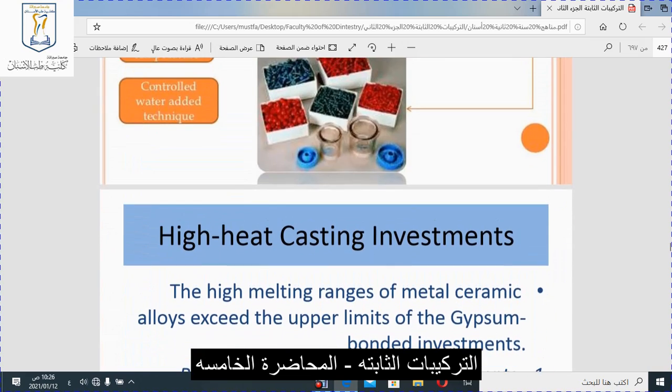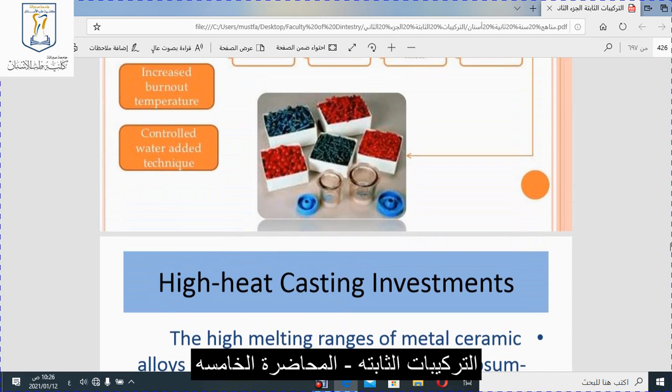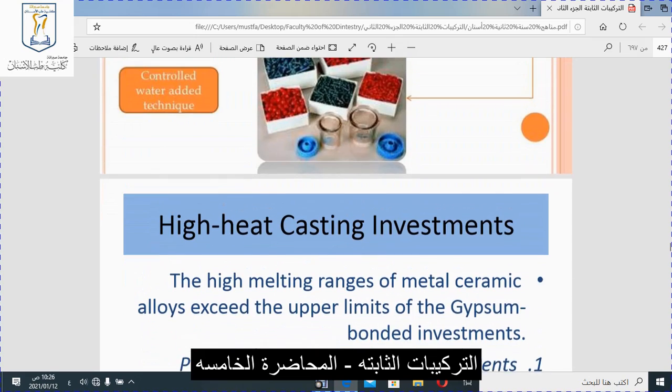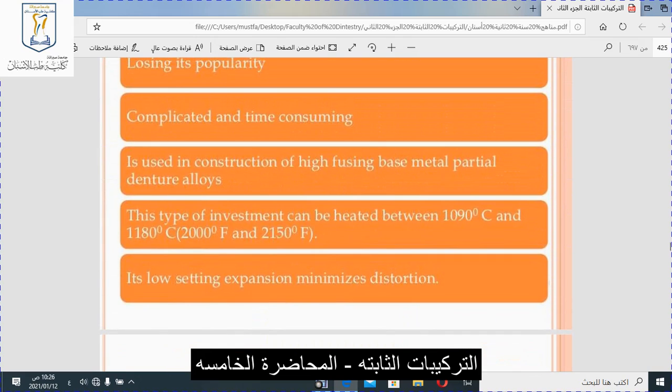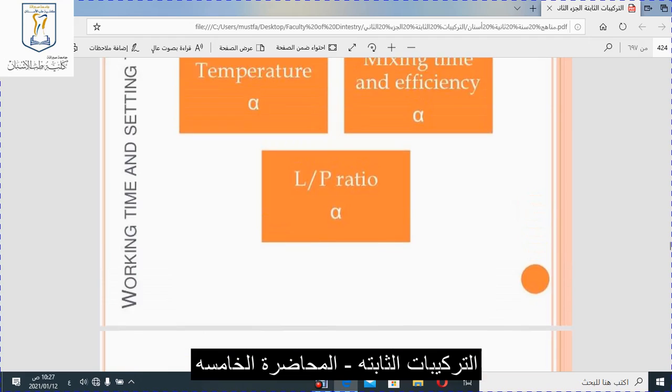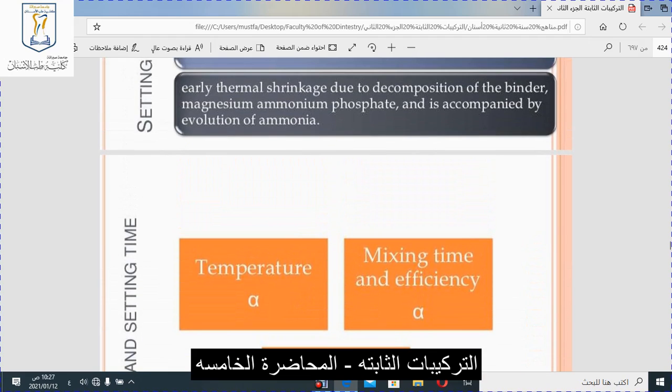Now in the case of casting, in the case of investing, we have to make the mold surrounded by either gypsum bonded investment, silicate bonded investment, magnesia based investment, or zirconia based investment. The investment gives either heat setting expansion, hygroscopic expansion, or thermal expansion. Thermal expansion is given by the refractory material, mainly silica.